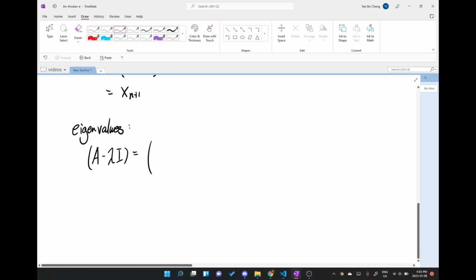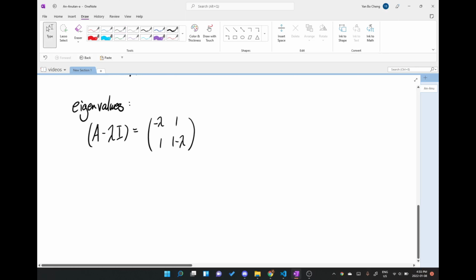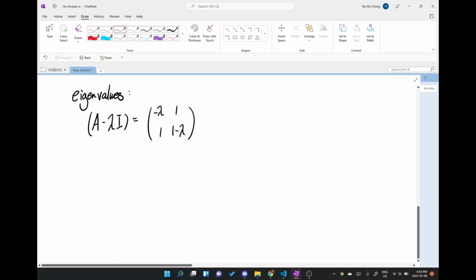So A minus lambda I is equal to [-lambda, 1; 1, 1 minus lambda]. I could just take the determinant, but I like to practice my Gaussian elimination.